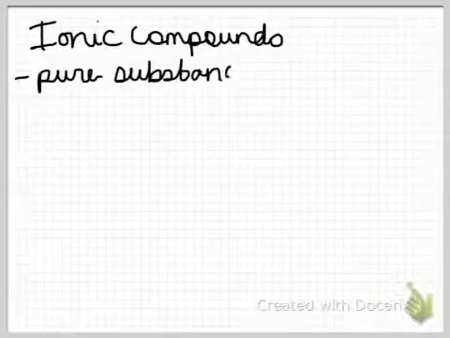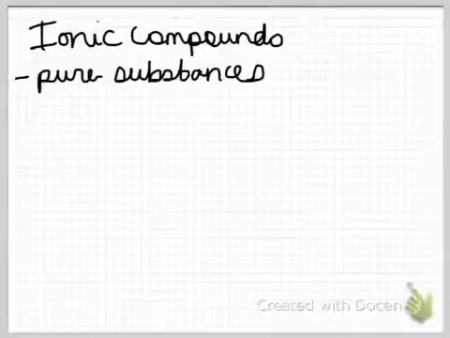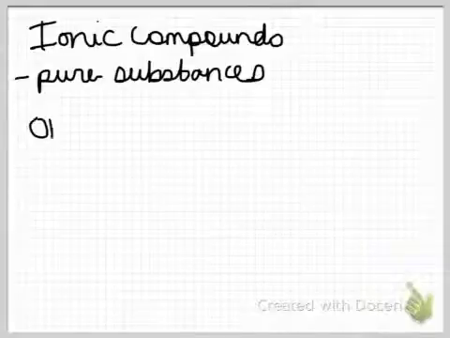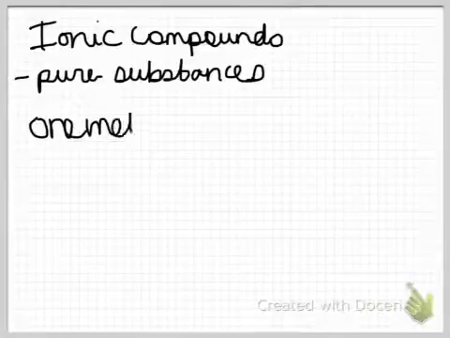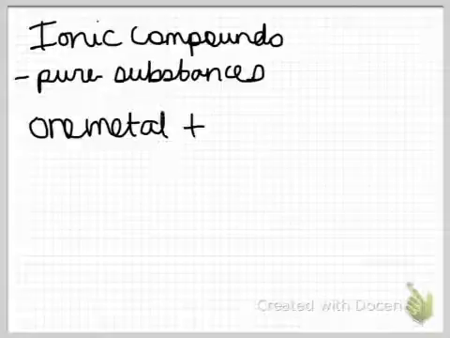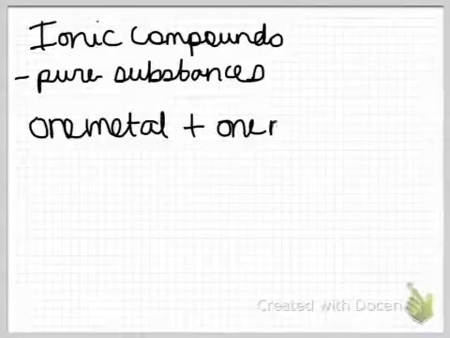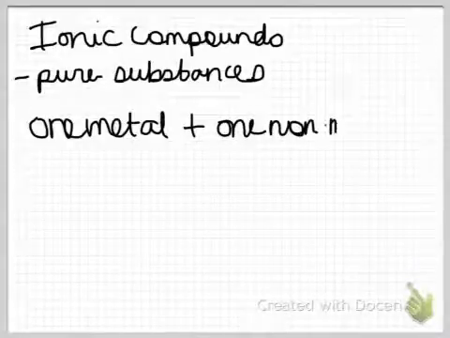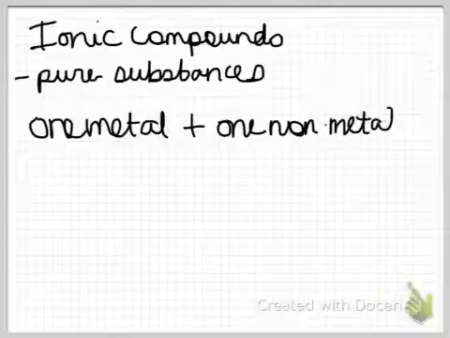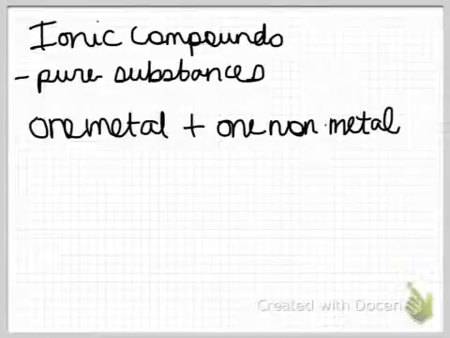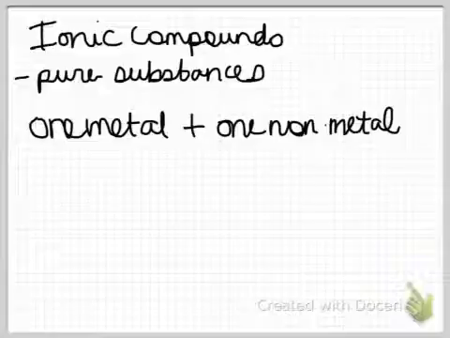They're made up of two or more elements, and they are usually made up of one metal and one non-metal element. So what happens is when these compounds are created, they share similar properties.